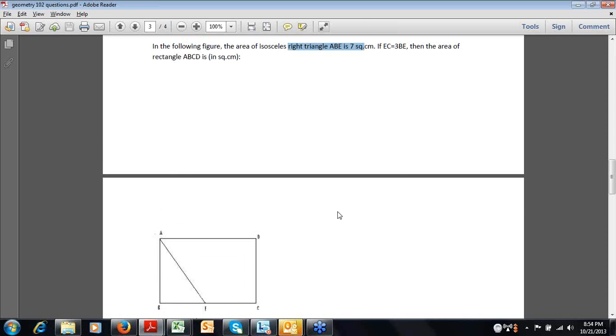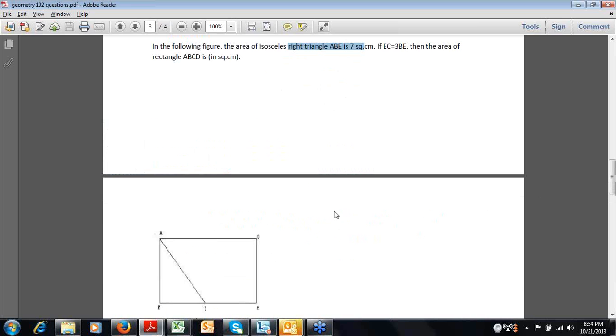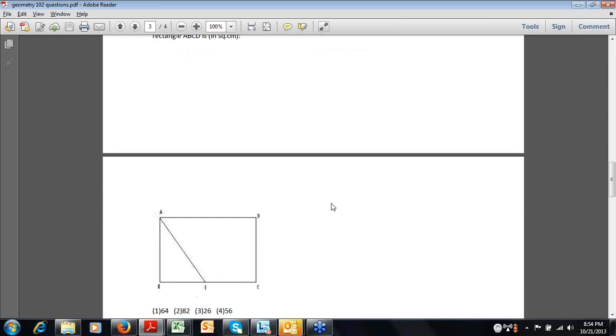So let's go ahead and solve this question. What we are getting from this is an isosceles triangle. So AE is the hypotenuse, which cannot be equal to AB or BE. So AB and BE should be equal.